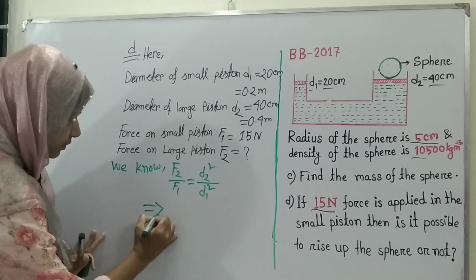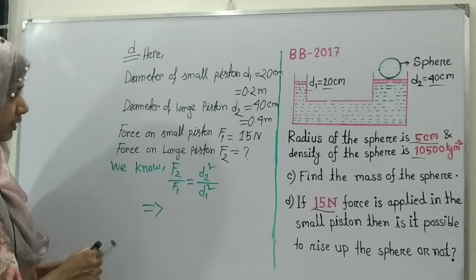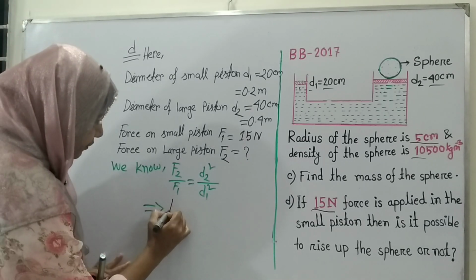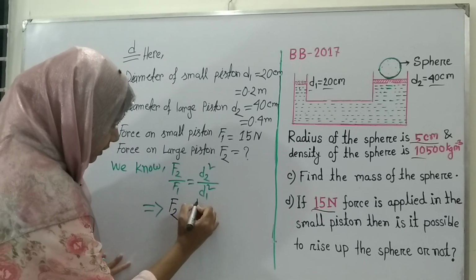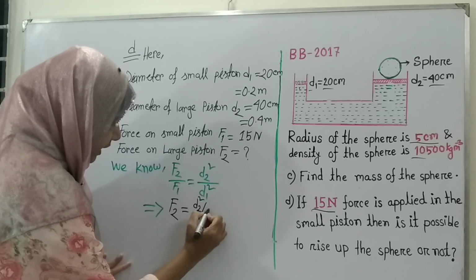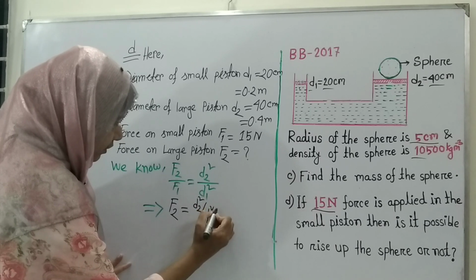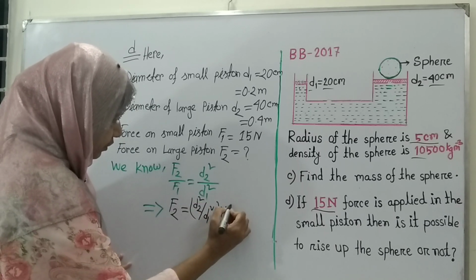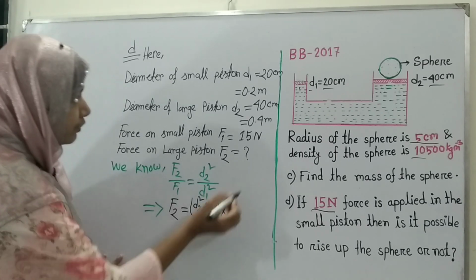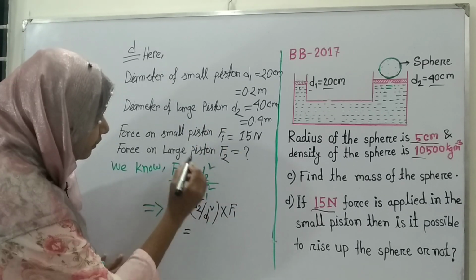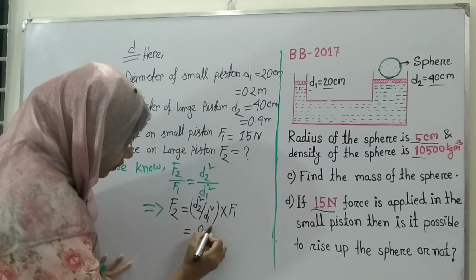Now F2 equals to D2 square by D1 square into F1. Now we are going to put the value which we know. The value of D2 is 0.4.